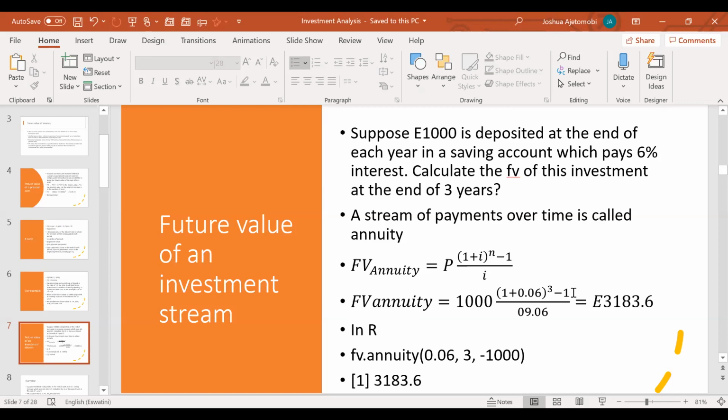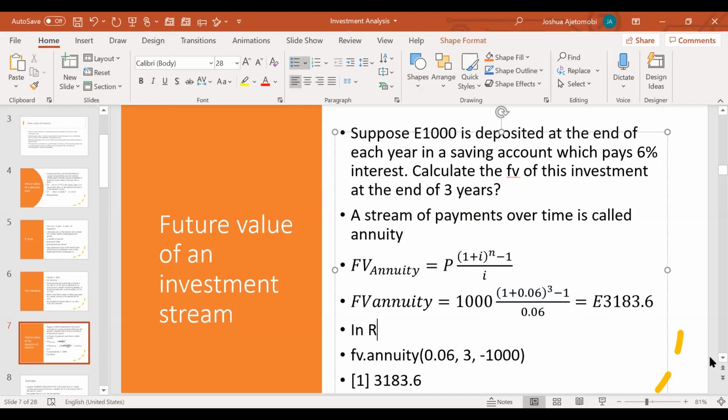Not 3 minus 1. Then over I. I is 0.06. This is a mistake, it's not 0.9. Please correct it. Okay, that is the correct thing now.